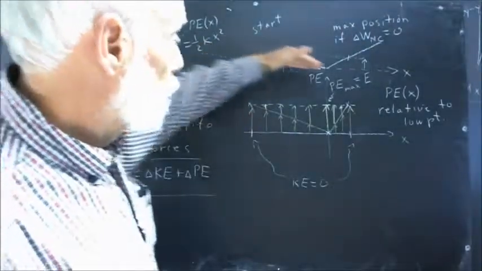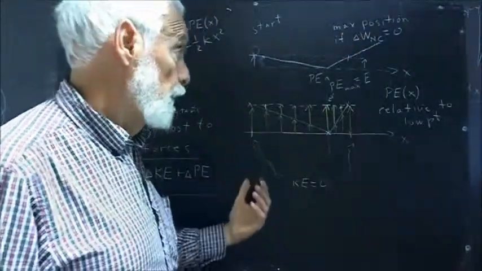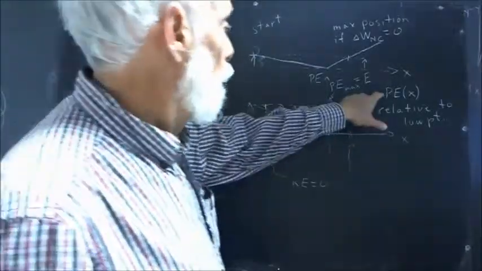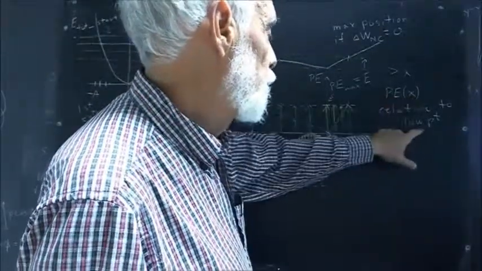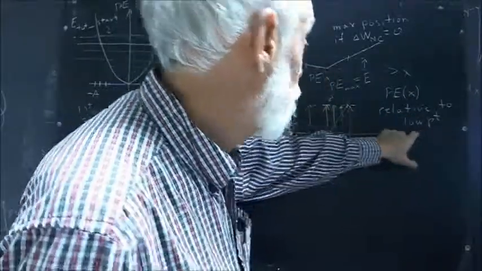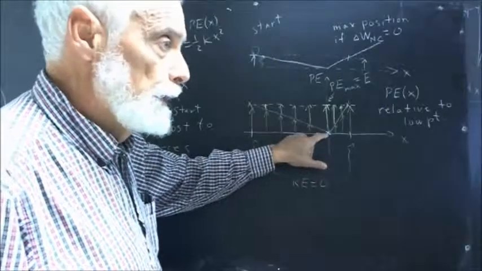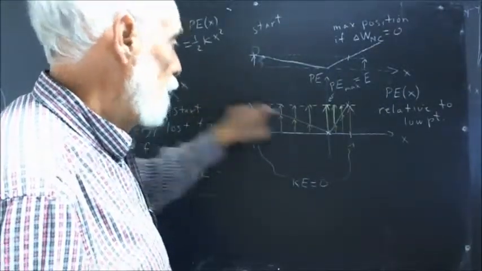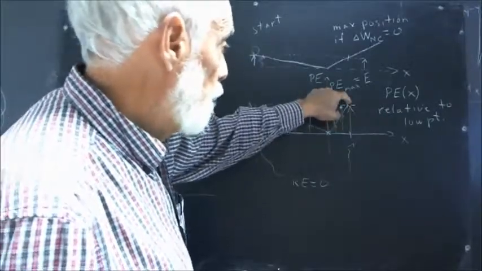Now, clearly, when the ball goes down the incline, it loses potential energy. When it climbs back up, it gains potential energy. Our potential energy is a function of x, and it's going to be measured relative to the low point, meaning at the low point, the potential energy is 0. So the potential energy goes from whatever it is here to 0 and back up to its maximum.